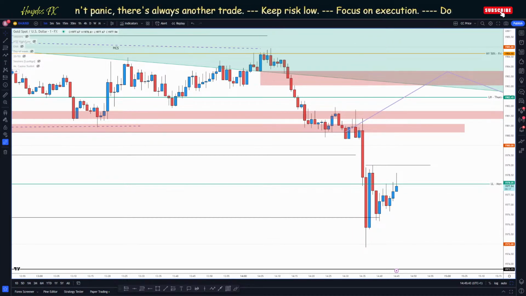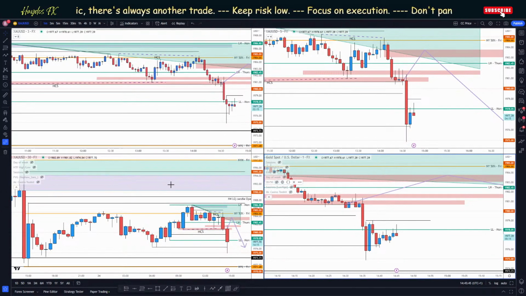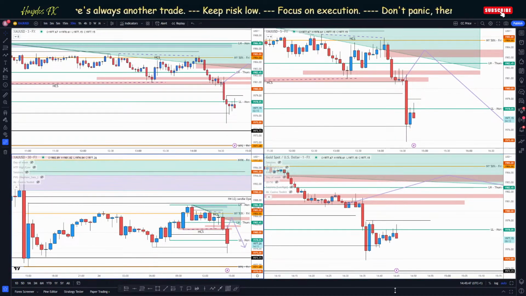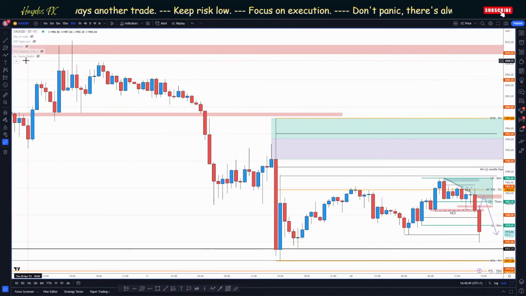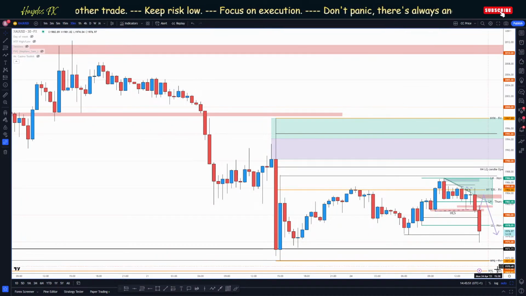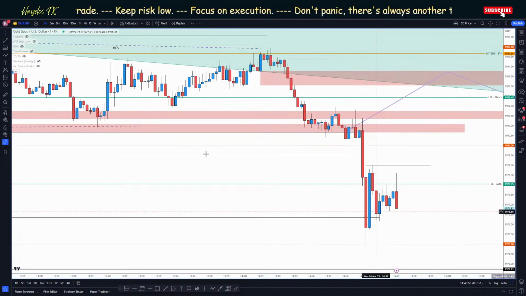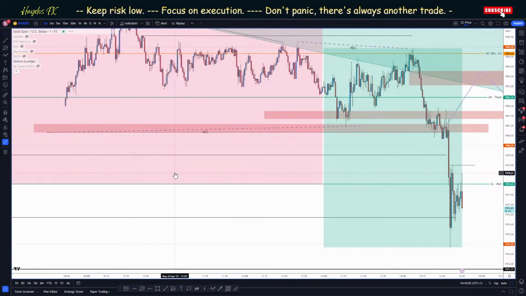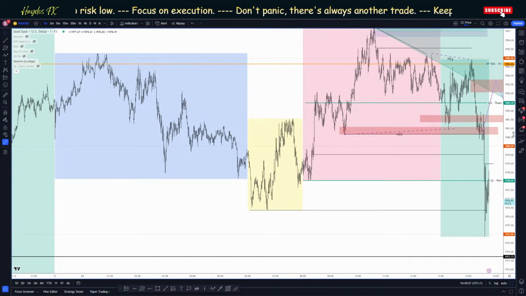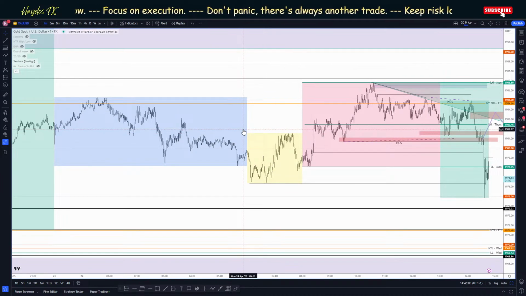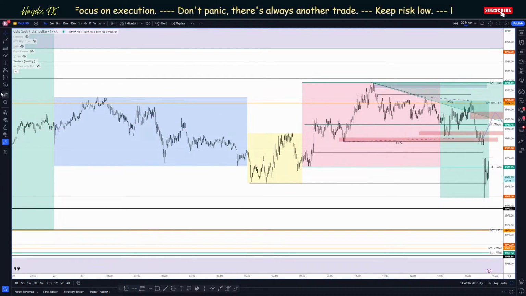Also rejection of 50% Asian range. Yeah, I didn't put in the Asian range. I was saying there's kind of no point doing it. Maybe that was wrong. Asian 50.